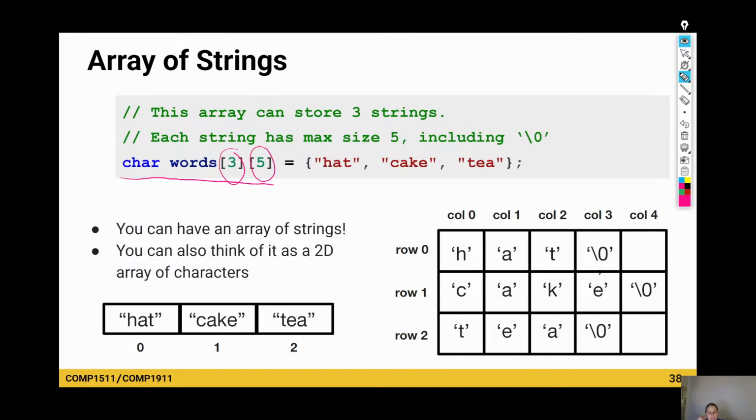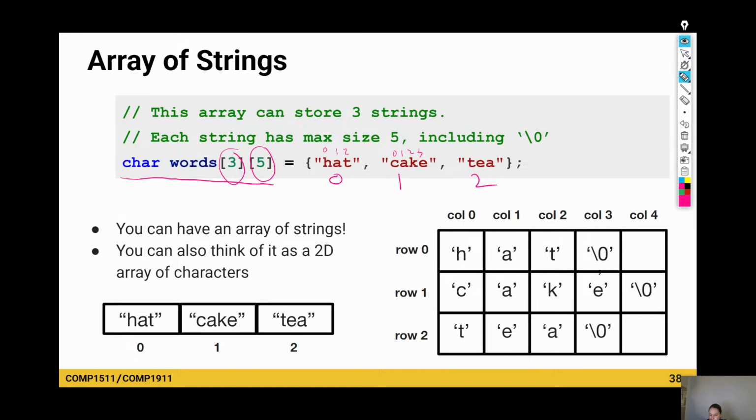In this context, every row is a string and the columns hold the characters in the string. So here we've got string 0, string 1, string 2, which correspond to the rows, and character 0, 1, 2, 3, etc., which correspond to the columns.